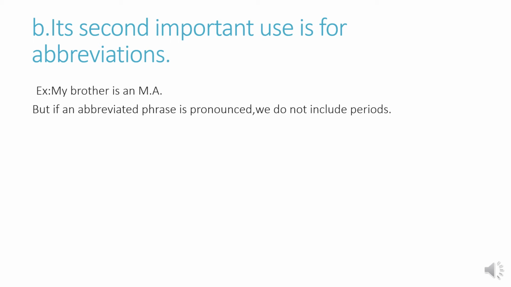As an example, he works for NASA, as Miss has already mentioned. In between the letters in the word NASA, we are not using full stop. Why? Because it's an abbreviated phrase. Not N dot A dot S dot A. It will be in a together form, like NASA, not in different modes like N.A.S.A.